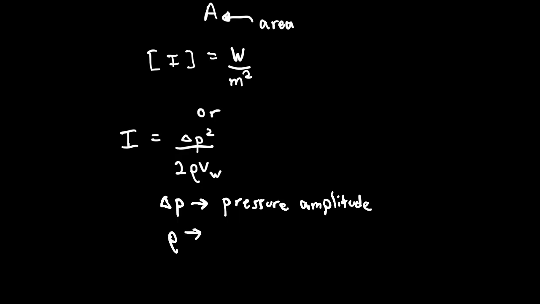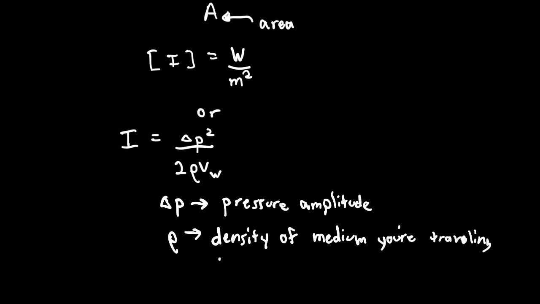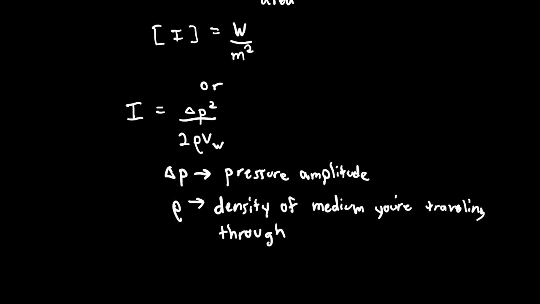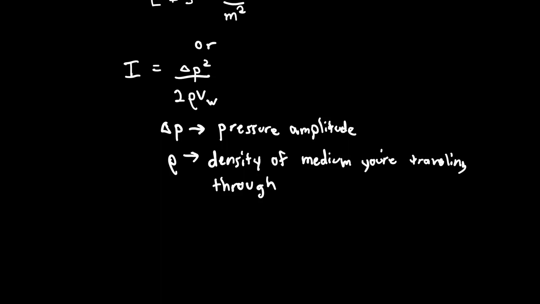Rho is equal to the density of the medium that you're traveling through. So that could be sound waves traveling through air, could be sound waves traveling through water. The density of the medium would be the density of whatever you're traveling through. And v sub w would be equal to the speed of sound in that medium.